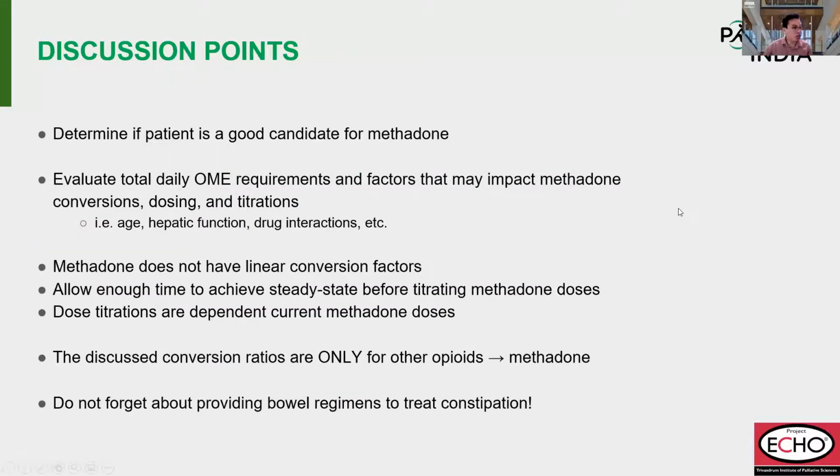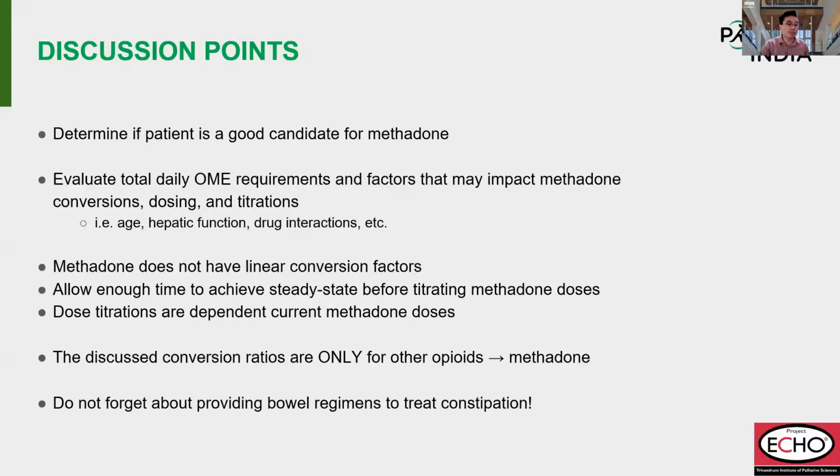So discussion points on all of this are determining if patients are good candidates, evaluating their total OME requirements and factors that might impact their pain, and methadone conversions, dosing, and titrations. So age, hepatic function, drug interactions, etc. Methadone does not have linear conversion factors. We want to allow sufficient time for patients to reach steady state before adjusting doses.